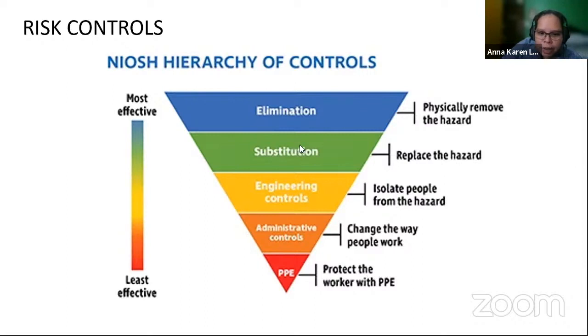So this will include your SOPs, work instructions, provision of the proper training, establishment of the protocols, etc. And yun, papasok din dito yung risk assessment mo. So to conduct proper risk assessment, establish and identify the risk controls.